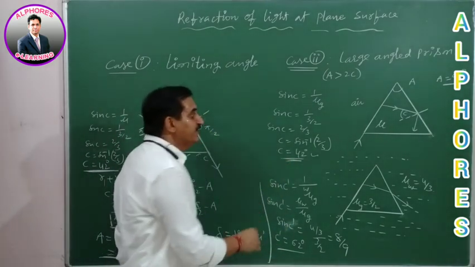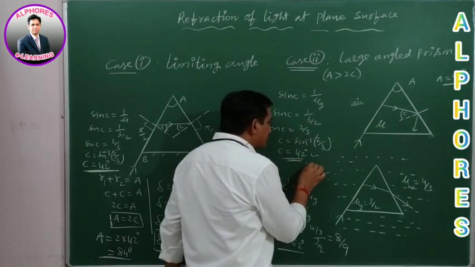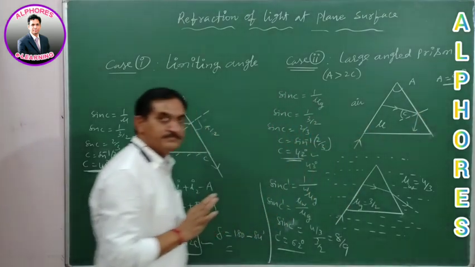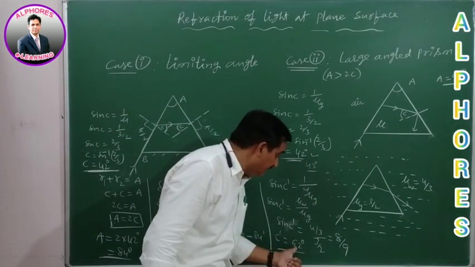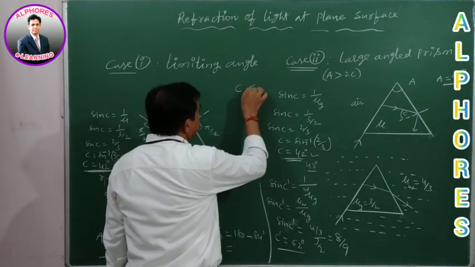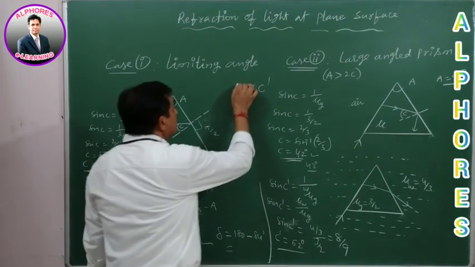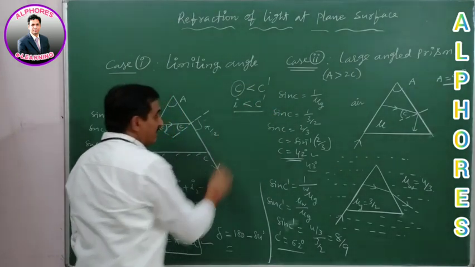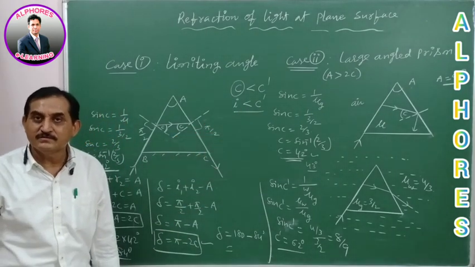Comparing these two, for 42 degree it is grazing, suppose. So if 43 degree, then TIR takes place. Actually here the critical angle is 62 degree. Means here C is less than C dash. C is taken to be the angle of incidence, less than the critical angle. If the angle of incidence is less than the critical angle, what happens?